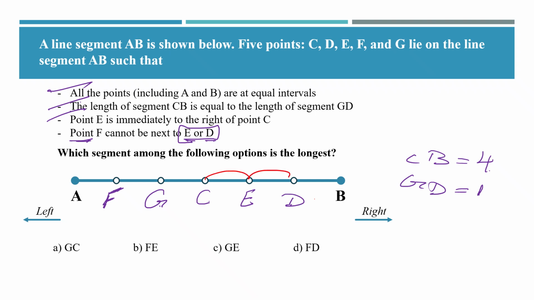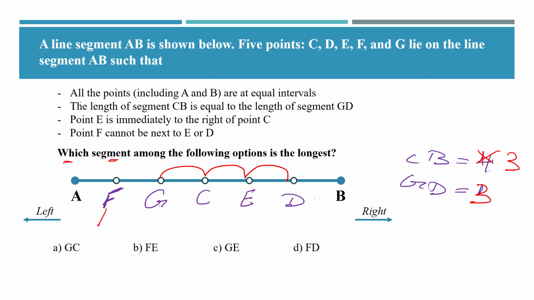So 1, 2, 3 units from G to D. 1, 2, 3 units. Great. The final question is, which segment among the following options is longest?